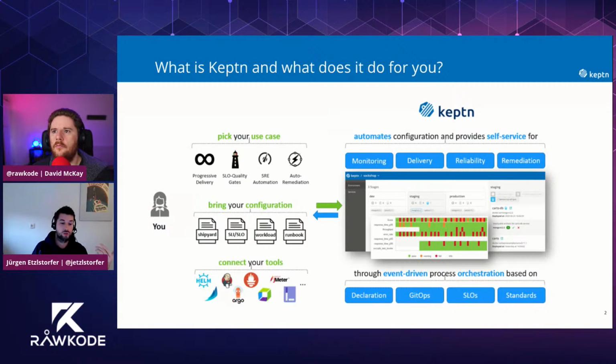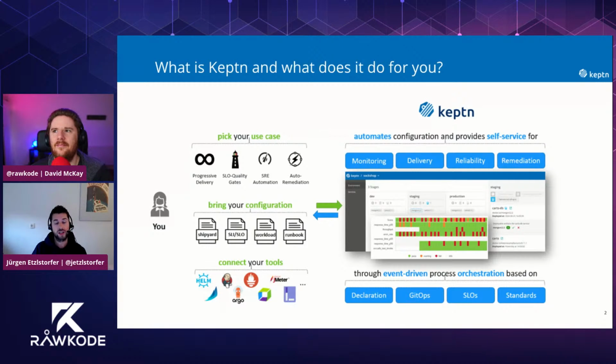You can also connect it to Argo. You can connect it to Jenkins. We have other integrations for monitoring tools like Prometheus, where you can use this data for your quality checks. You can connect it to JMeter for load generation and performance testing. You can connect it to Litmus Chaos for chaos engineering. So you can connect it to a lot of different tools.